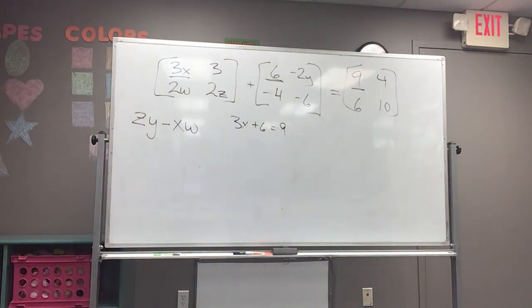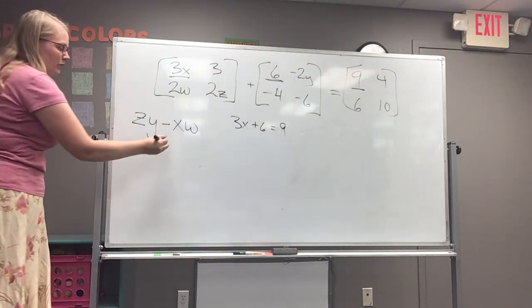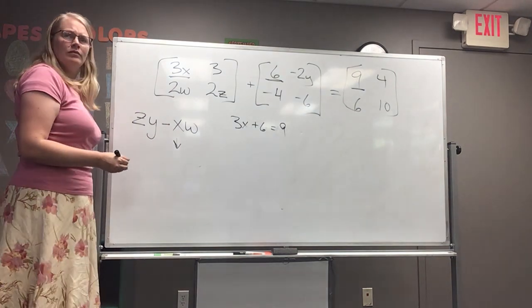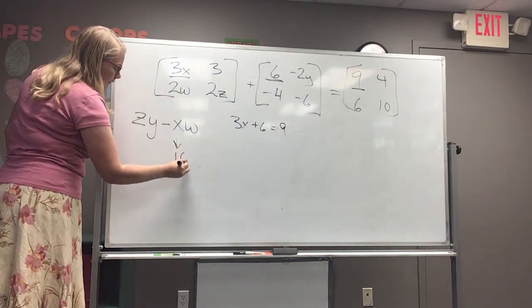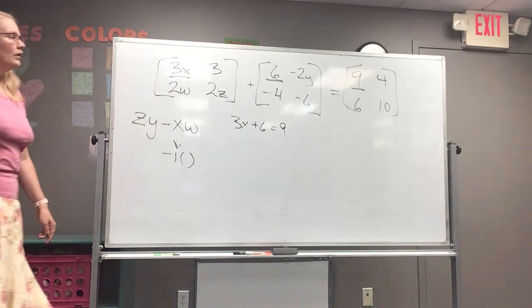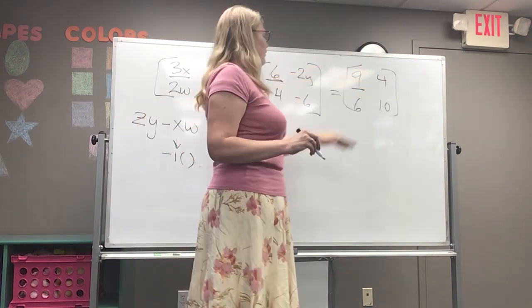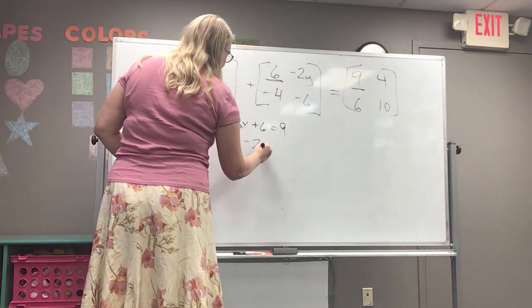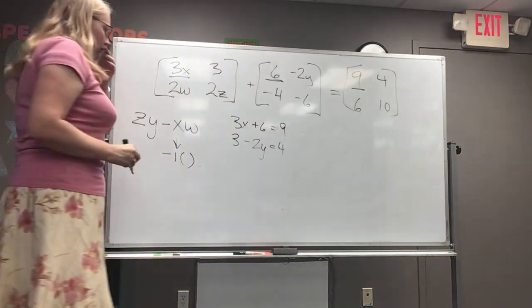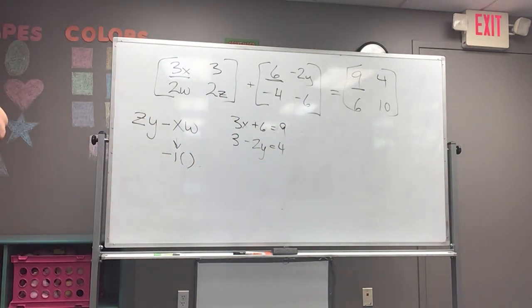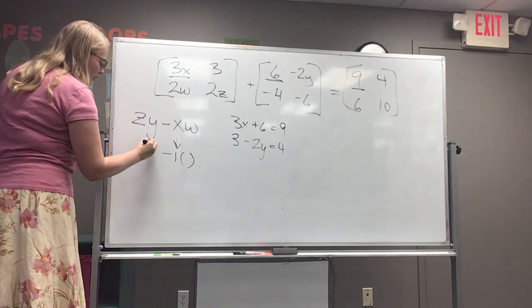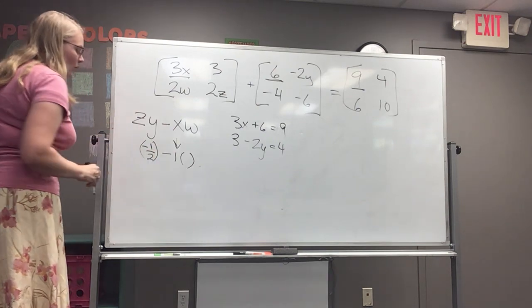Subtract 6 from both sides, divide both sides by 3, x equals 1. Same thing, 3, negative 2y, 4. Subtract 3 from both sides is 1, divide by negative 2 equals negative 1/2. Y equals negative 1/2.